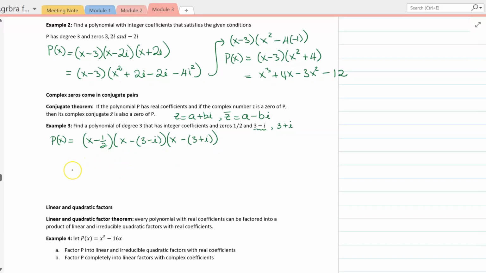Okay, so let's do some multiplication. So the first one is x plus 1/2. The next one is x squared minus x times 3 plus i, minus x times 3 minus i, plus 3 minus i times 3 plus i.